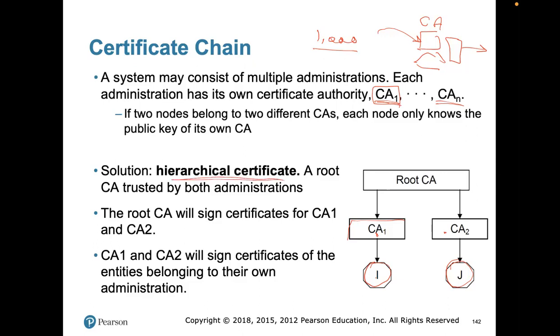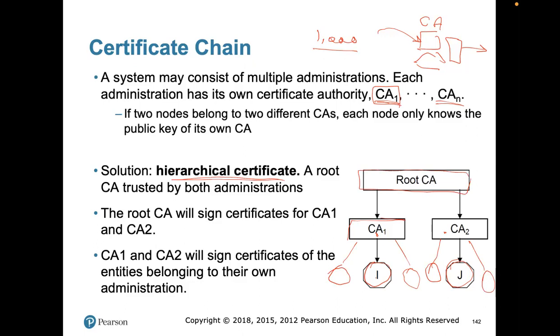In a hierarchical certificate, we have a couple of nodes under the umbrella of each of the CAs. At the higher level, we have a root CA that coordinates and works between the CAs.